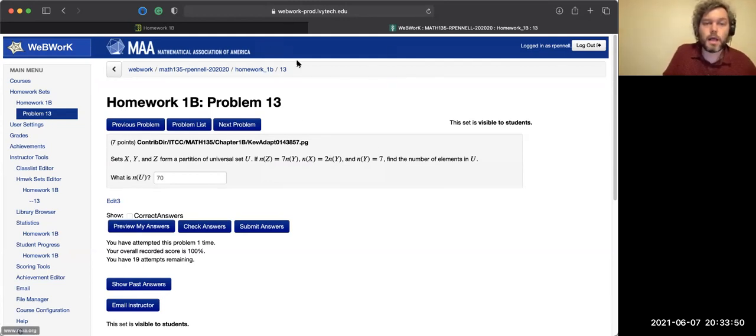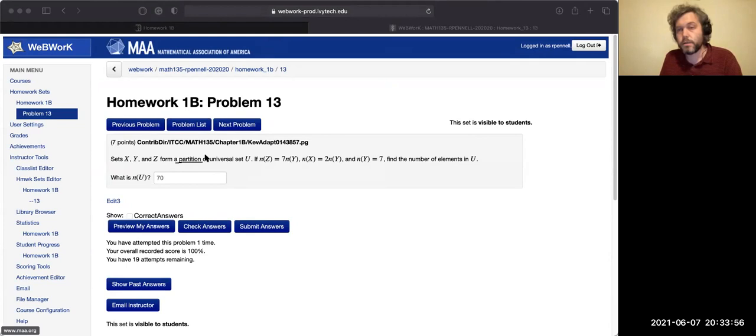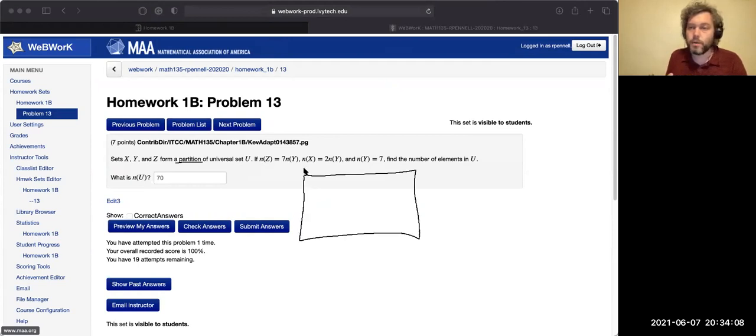There's a lot going on here, but the first thing we have to understand is that these are partitions. If we don't understand that, there's no way we can solve the problem. So what does a partition mean? It means they have no intersection and there's nothing outside them.